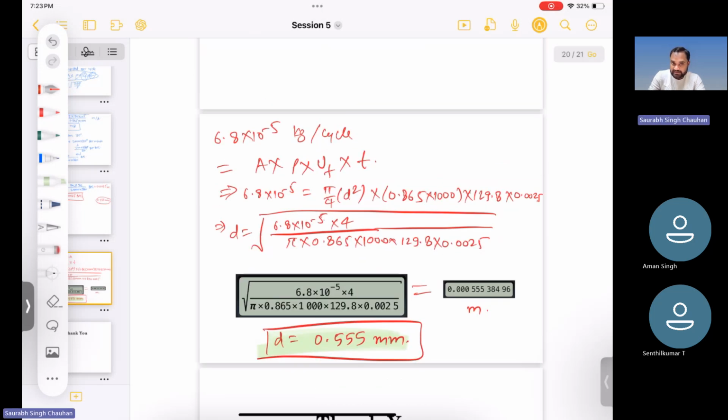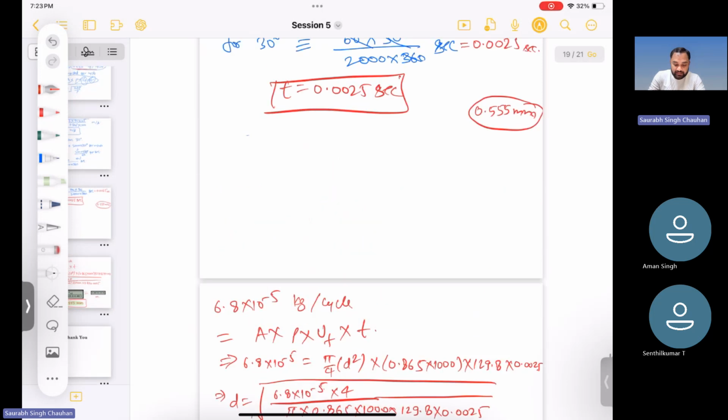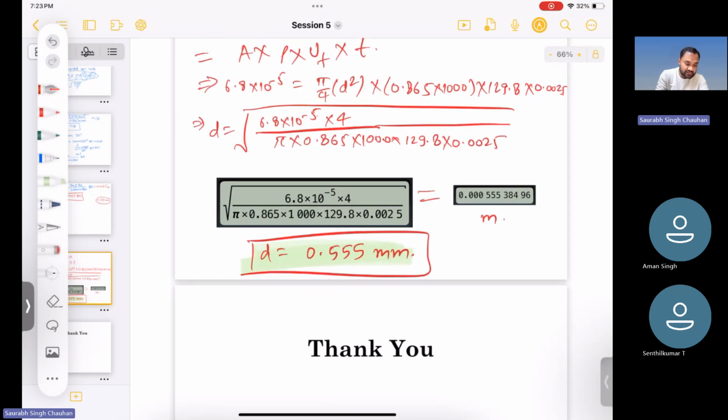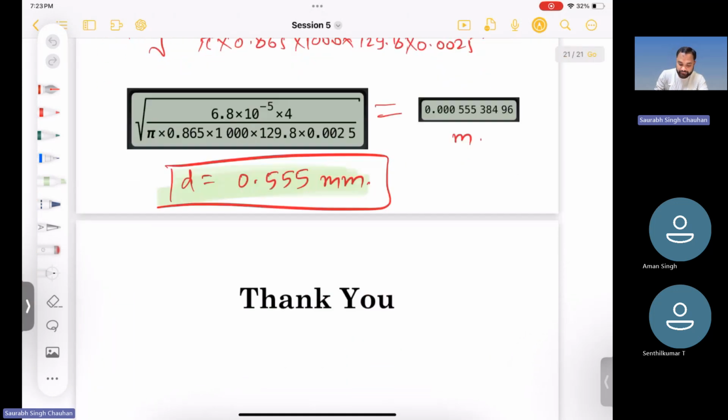Using specific fuel consumption and using this velocity formula. Both of these values should be the same, so you just make both equations equal and you get the diameter, right? So this was the last question for today.